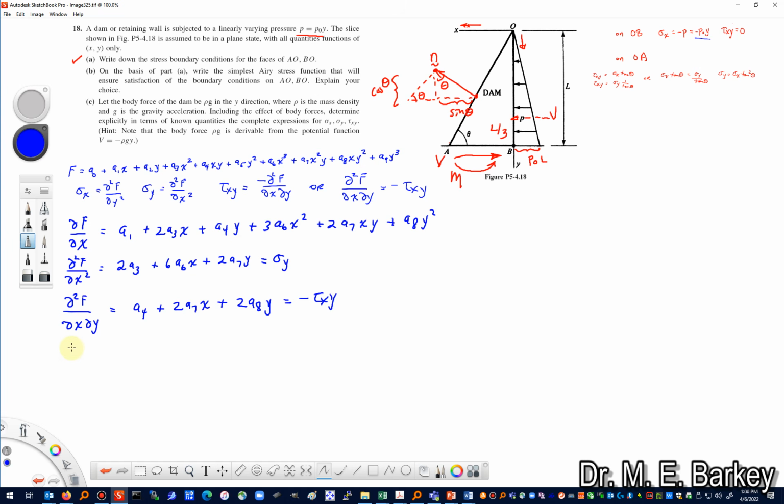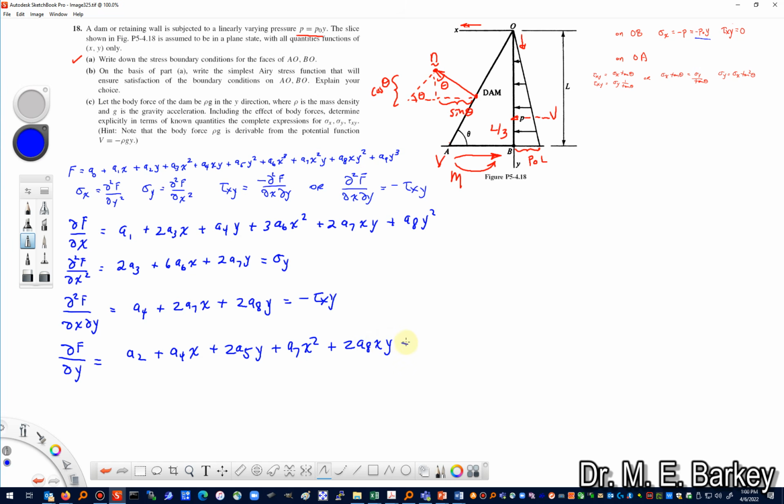Alright, now let me take the partial derivative of f with respect to y. I'll get an a2, an a4x, a 2a5y, an a7x squared, a 2a8xy, and a 3a9y squared.